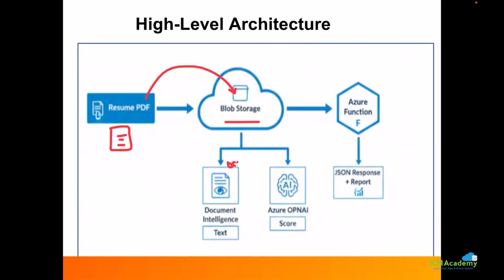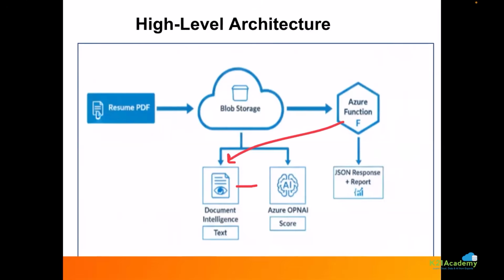Once it gets the text data, this text data and the JD are passed to OpenAI. So as the function is triggered, it starts by calling the first step, OCR.